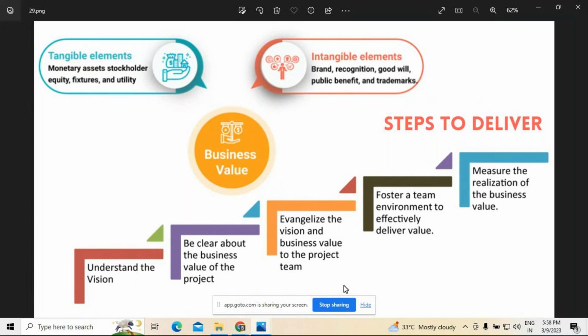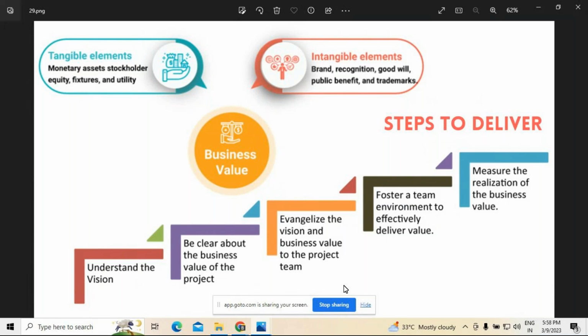Next, followed by this, foster a team environment to effectively deliver the value, because we have to create an environment for the team in such a way that they deliver the real value of what the customer wants to achieve. When we talk about team dynamics and team environment, the infrastructure must be very clear. Whatever infrastructure is required, sufficient infrastructure must be clear.